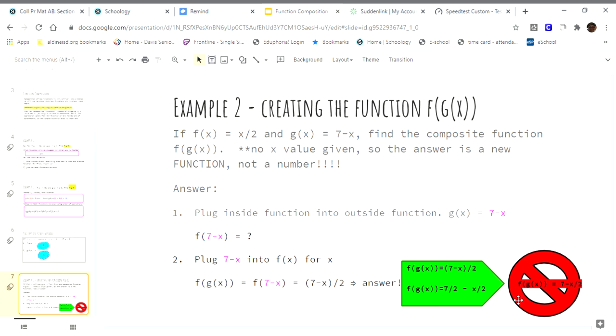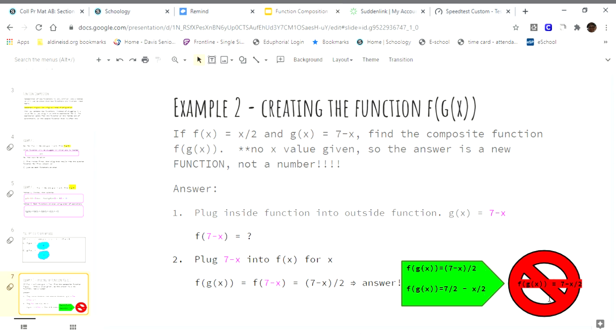What's bad is this answer. I cannot do f of g of x and say that it's the same as 7 minus x over 2. 7 minus x over 2 is not the same as 7 minus x together divided by 2. What's happening on both of these correct ones is that the 7 is getting divided by 2 and the x is getting divided by 2.